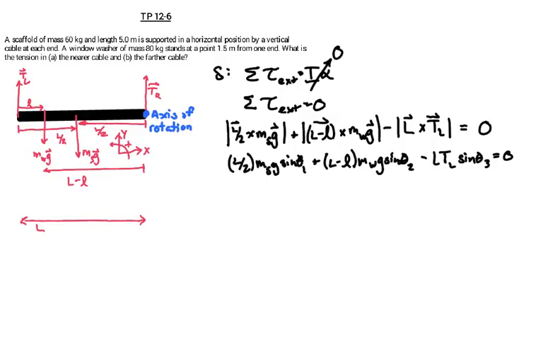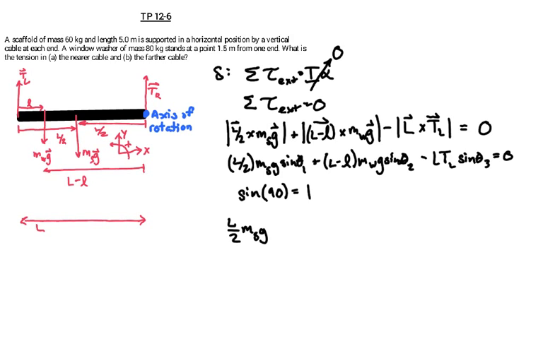Now, if we assume that this is a relatively thin slab, then the angle between our vectors is going to be 90 degrees. And if they're 90 degrees, the sine of 90 degrees is equal to 1. So that means each of my sine terms, here, here, and here, will all equal 1. So I'm left with L over 2 ms.